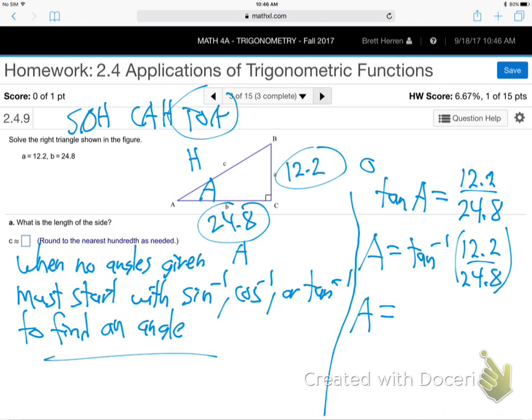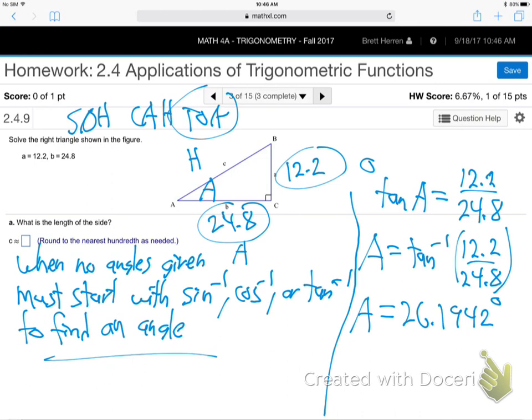I'm getting 26.1942 degrees. I'm going to go a lot of decimal places just for extra security. Y'all getting that okay? For that angle? Everybody see how I did that? Just inverse tangent of those in degree mode.